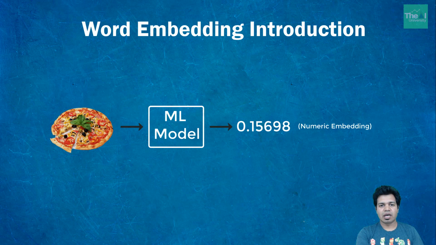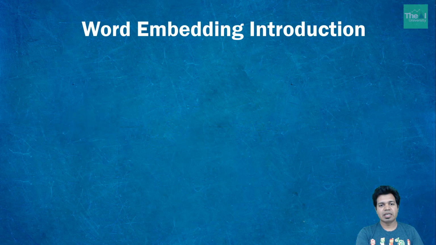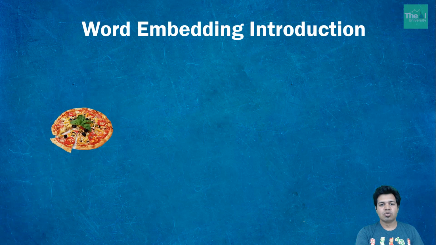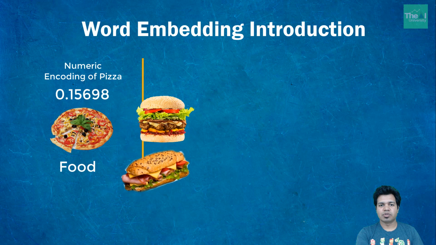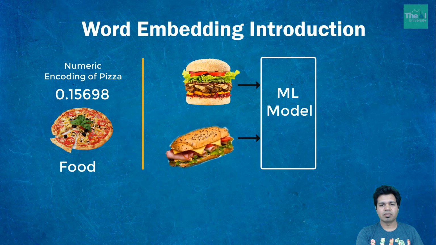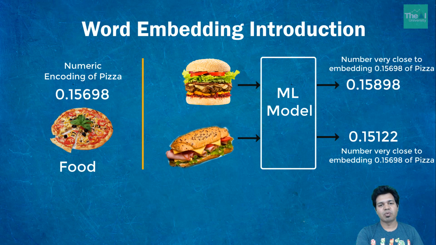By feeding the large corpus of data to the machine learning algorithm, the algorithm is able to understand that pizza is some kind of food. So if you feed in words like burger and sandwich, which are also food items, the encodings this ML-based algorithm generates for these food items will be very close to the encoding of the word pizza.